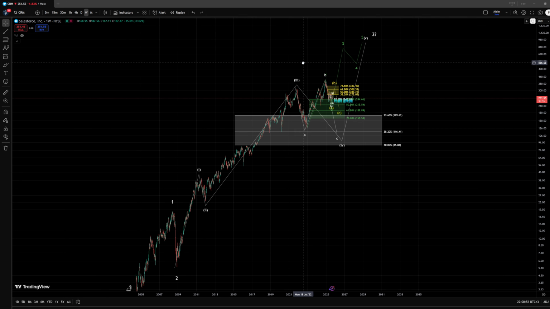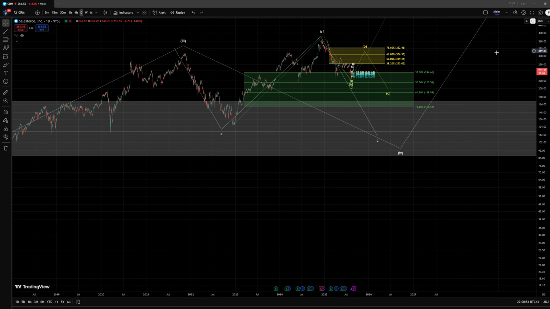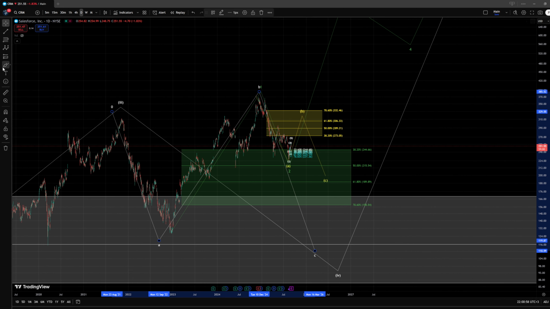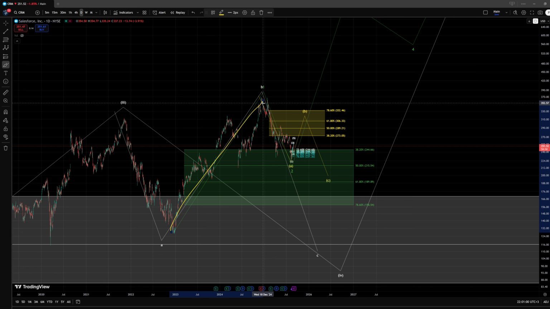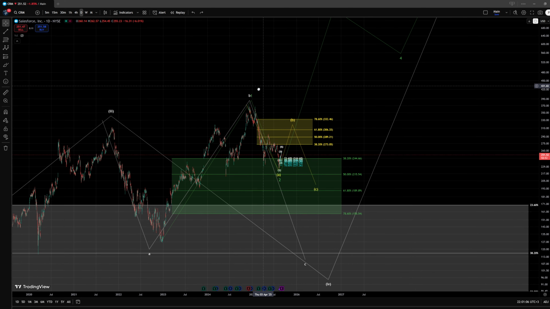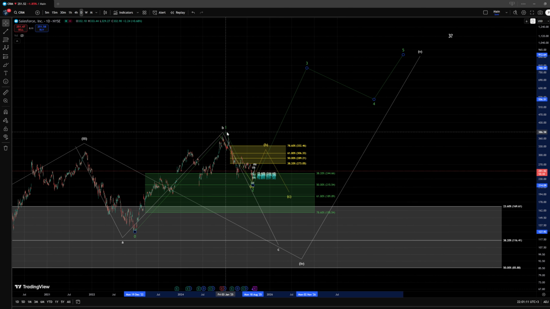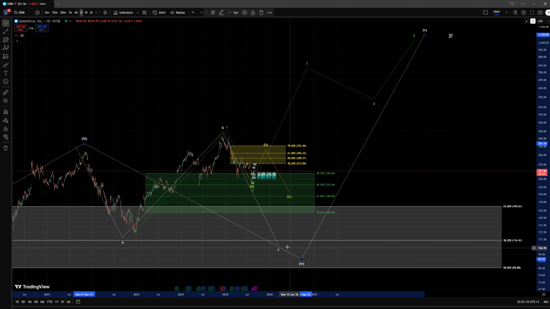It's just that I didn't really like too much the idea of counting this movement as a 5-wave move. So I am either considering it right now an overshooting wave B or a wave 1 within an ending diagonal in this fifth wave to the upside.